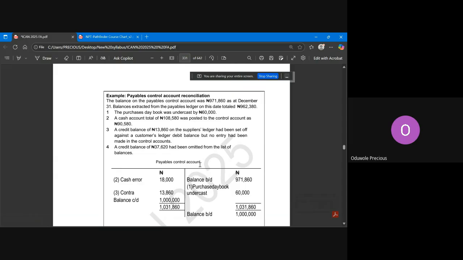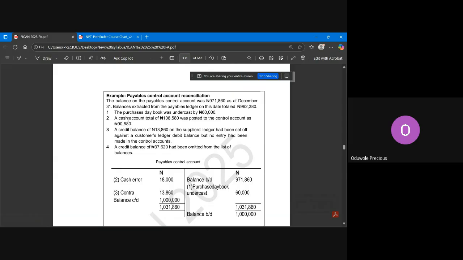Because it was undercasted, we add the amount at which they undercast it. Undercasting means you have under recorded a figure. So how do you correct it? You add that figure back to get the correct figure. So you are adding the 60,000 back here.